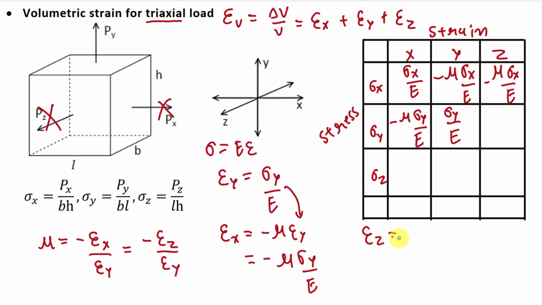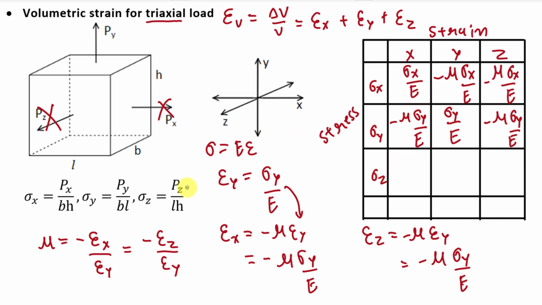Strain in z direction will be minus mu epsilon y, right? And what is the value of epsilon y? Epsilon y is sigma y divided by E. So it will be minus mu sigma y divided by E. So strain in z direction due to stress sigma y will be minus mu sigma y divided by E.